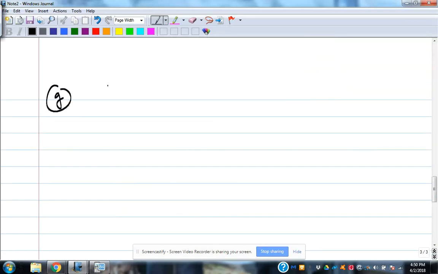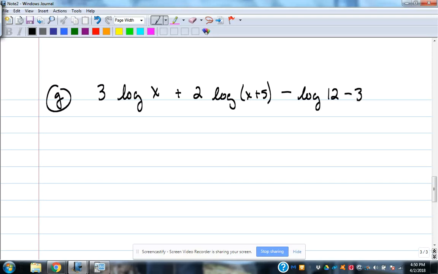One more. 3 log base 10 of x plus 2 log of x plus 5 minus log 12 minus 3 log of x minus 2. Pretty long one here. All the same log base though.